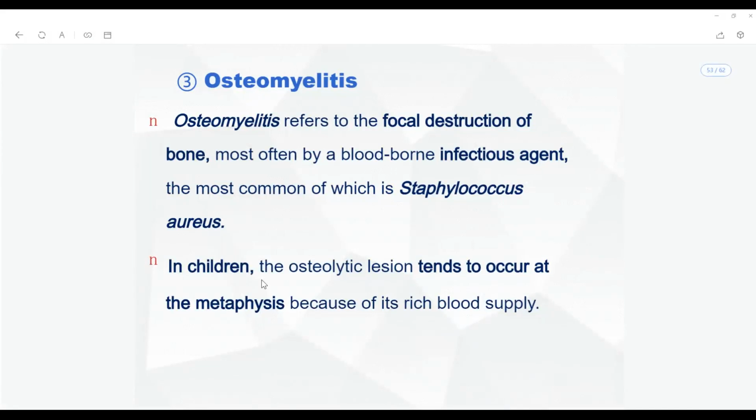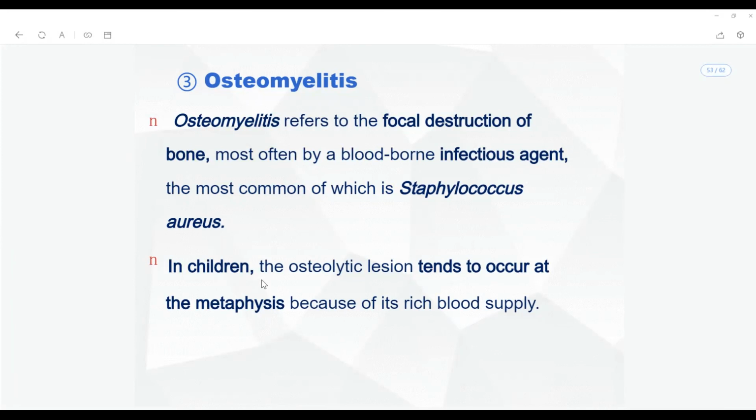It is a common disease in children, where the osteolytic bone lesions tend to occur at the metaphysis because of its rich blood supply. So remember, osteomyelitis is caused by Staphylococcus aureus. It occurs in the metaphysis, generally in children.